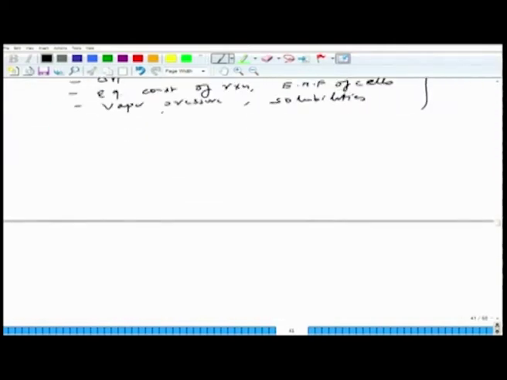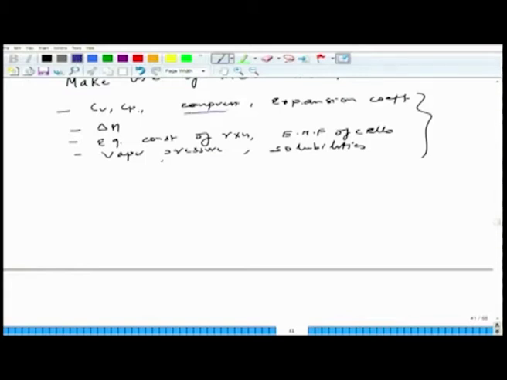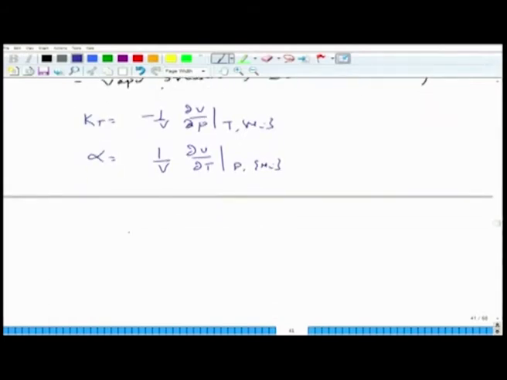Let me comment here, because we talked about compressibility and expansibility. kT is minus 1 by V, dou V by dou P at constant temperature, and alpha is 1 by V, del V by del T at constant P. These are positive values, and we can show later that del V by del P should be negative for stability, and hence K should be positive.